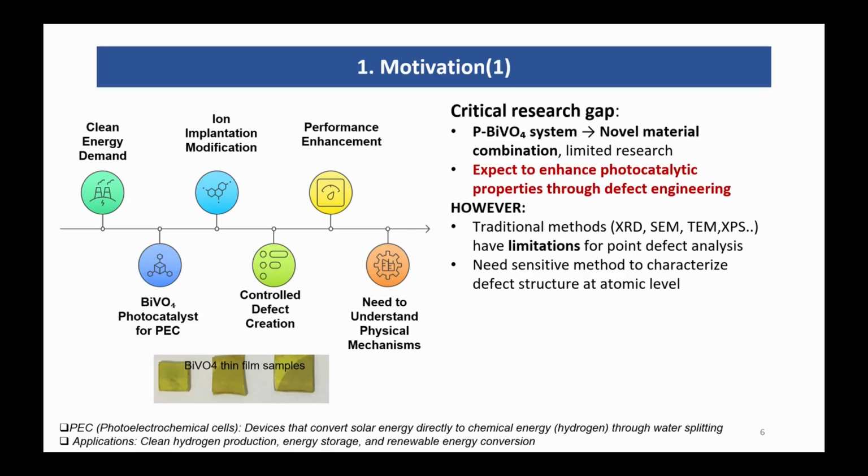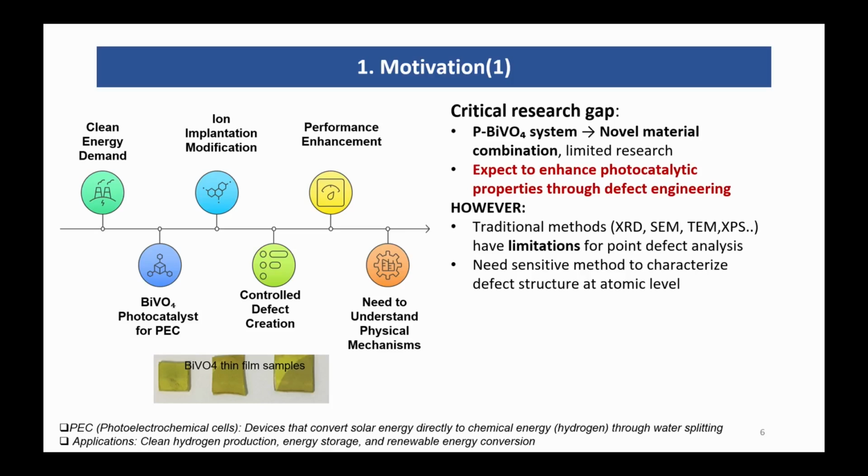So this is the critical research gap. The phosphorus bismuth vanadate system is a novel material combination with very limited research, and it is expected to enhance photocatalytic properties through defect engineering.